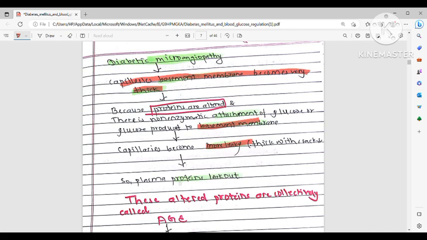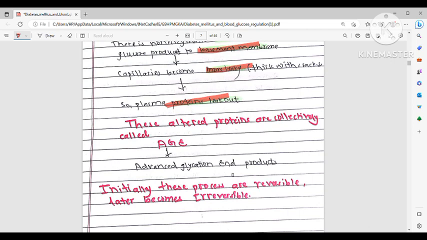So plasma proteins leak out from the capillaries. This leads to microangiopathy. These altered proteins are collectively called AGE, advanced glycation end products. Initially these processes are reversible, but finally the process becomes irreversible.